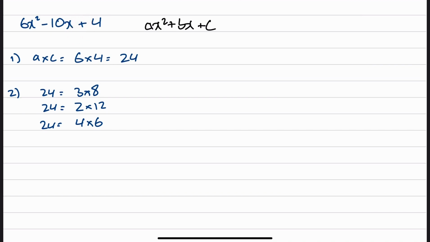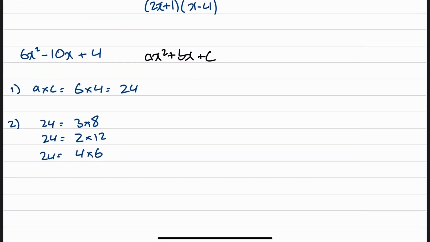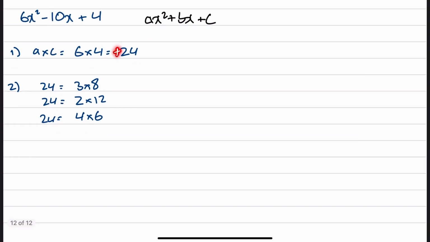So 6 into 4, a into c, gives us a positive 24, right? So what we need from these two numbers is that the final numbers that we choose, including the signs, should multiply to give us a positive 24. Now let's suppose I take this option. 2 and 12.